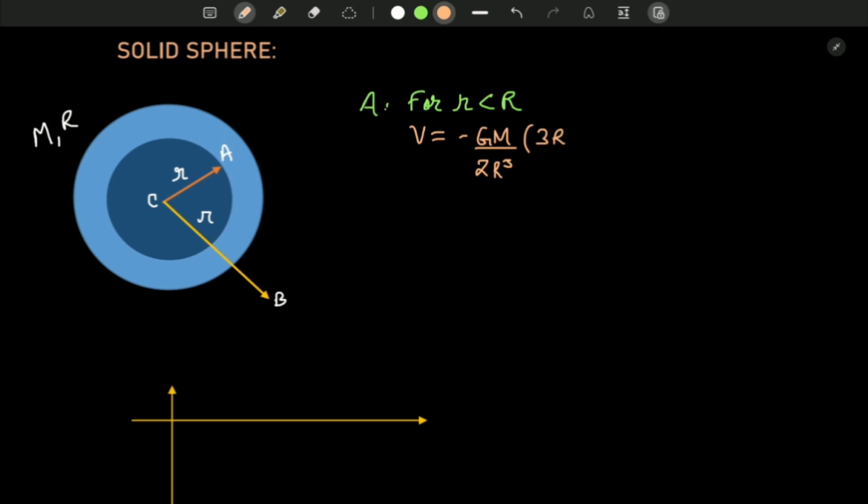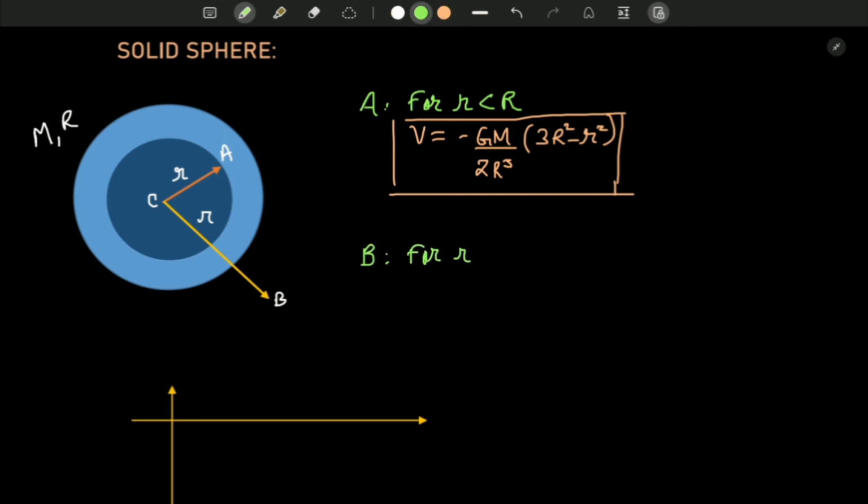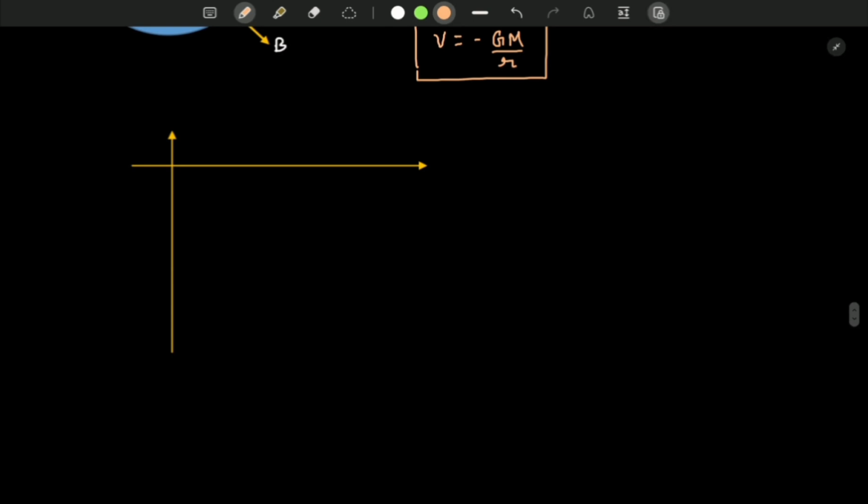This is the potential for any inside point where r is the radius of that point, and for point B, which is for r greater than or equal to R, V equals minus Gm by small r. Now if we try to draw this in a graph, this graph will be a parabolic curve. So this point is minus 3 GM by 2R, and for r equals R, the potential is minus GM by R.